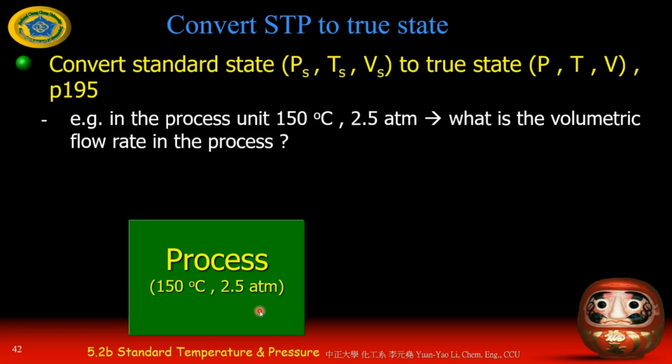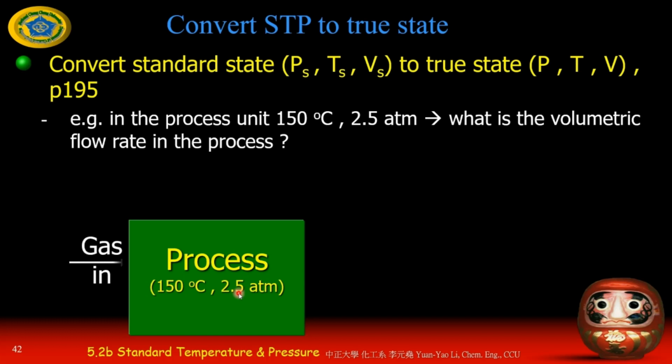Yes, you can, as long as you have a very good flow rate meter. But because the temperature is very high and the pressure is a little bit high, you cannot get an easy and cheap sensor to put in to measure the flow rate. In that case, we still want to know the volumetric flow rate inside.